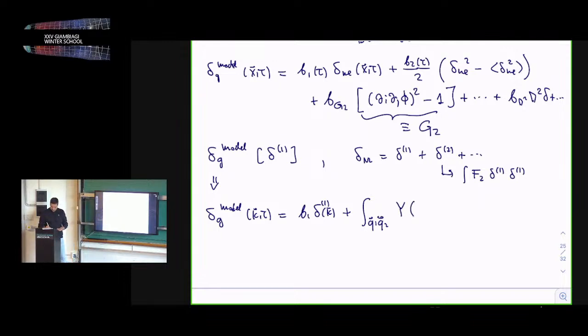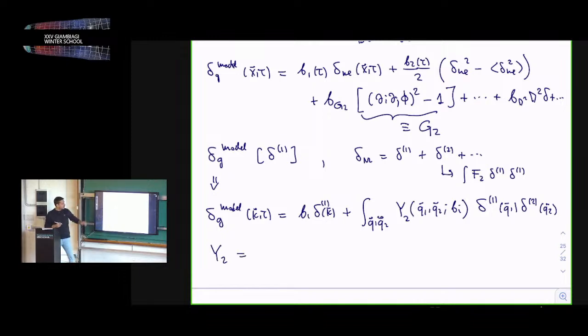So let's call it Y2, which depends on q1 and q2 and bias parameters. And then we're going to have two linear fields convolved. Remember, if this Y2 is equal to F2, this is only the second order perturbation theory result. But now we have some additional terms. So what is this Y2 going to look like?